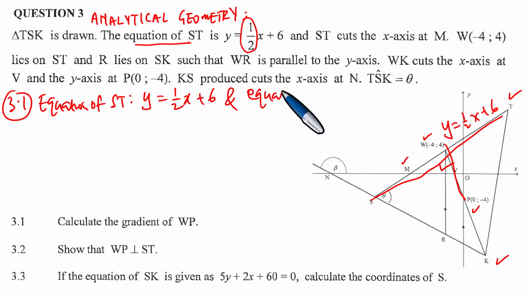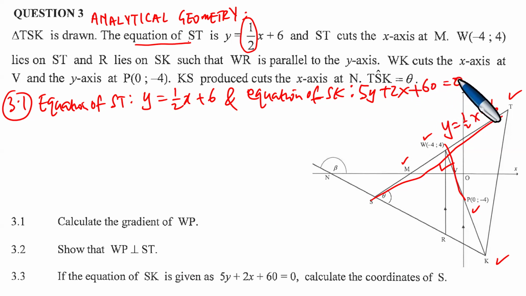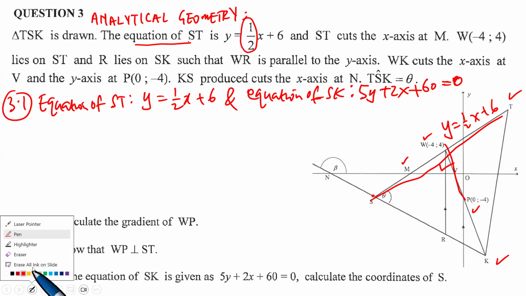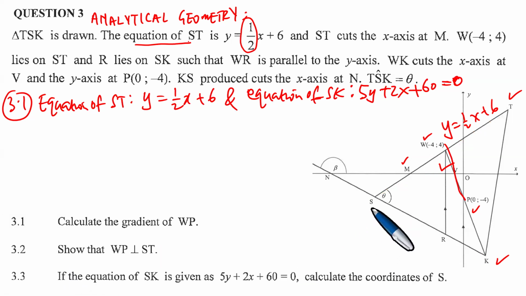The equation of SK is 5y plus 2x plus 6 equals 0. Calculate the coordinates of S. We want to find the coordinates of S. In this exam question, S is this one and K is this. This is S and this is K.